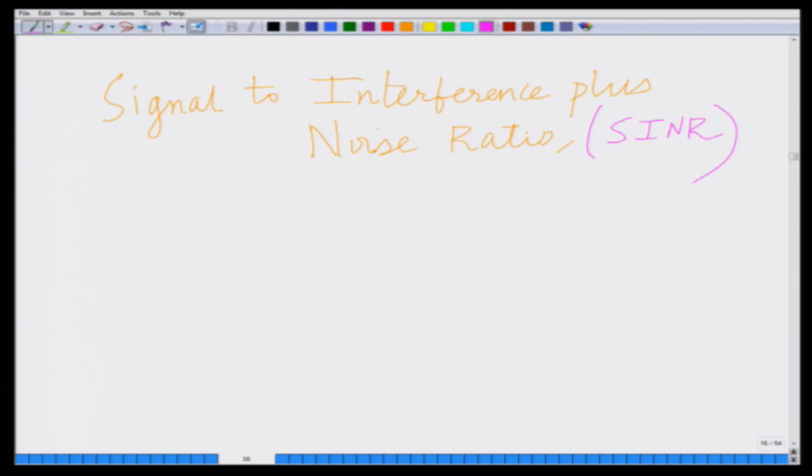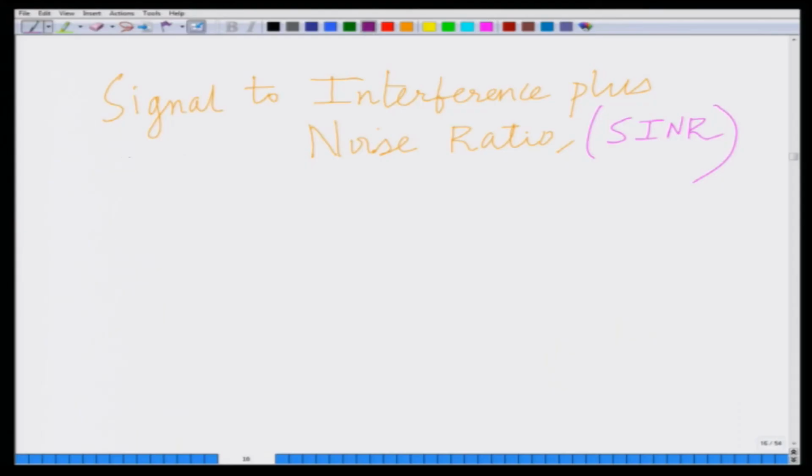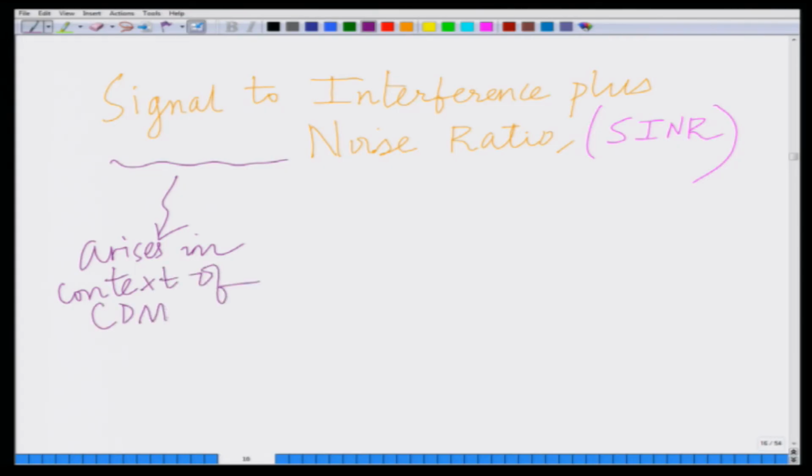Normally, we look at the signal to noise power ratio, but in a CDMA system, since we have signal, multi-user interference and the noise, we look at the signal to interference plus noise ratio. So, this is a new term for a CDMA system. It arises because of the multi-user interference in CDMA, because of the simultaneous transmission to multiple users, that is equal to the signal power.